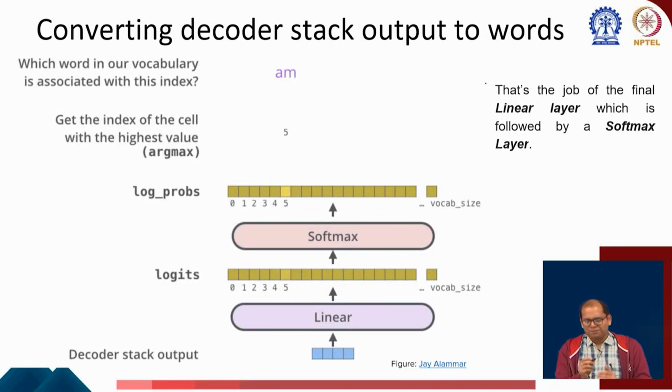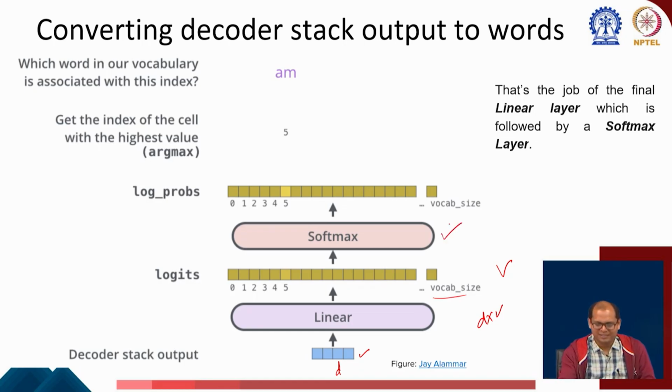Okay. So again, just a quick recap of what happens in the linear softmax layer. You have the decoder stack output, the model dimension, at the final decoder layer. Now you project it to the vocabulary space through a linear layer, so the entire vocabulary. So you have a D cross V matrix to project it to the vocabulary space, and then you want to compute your loss or the probability.